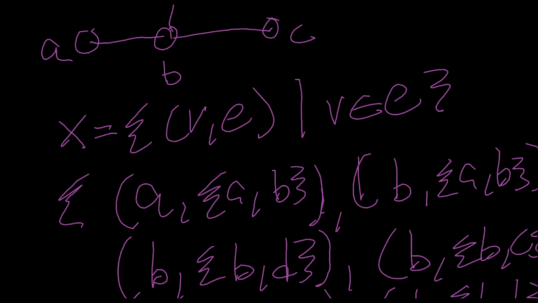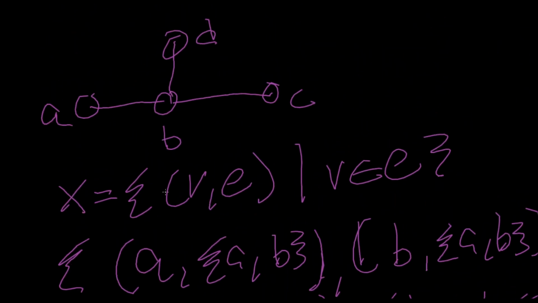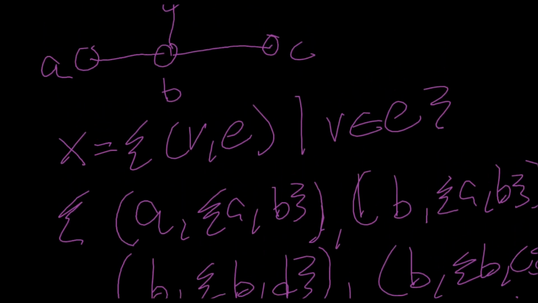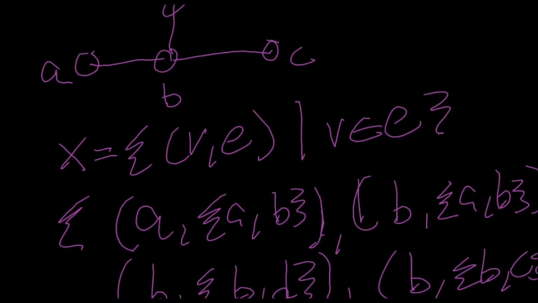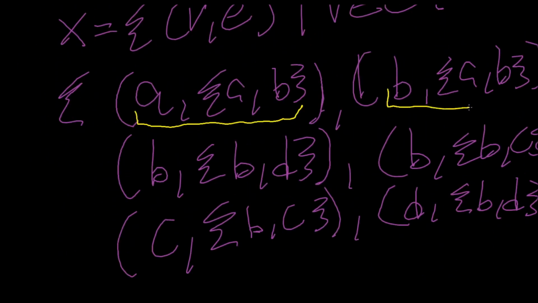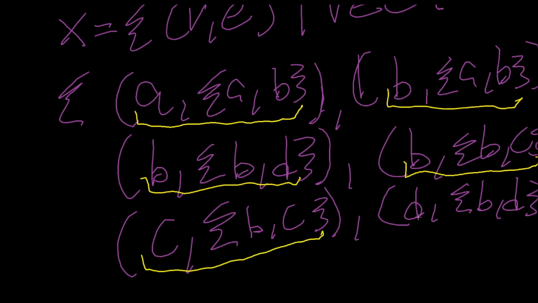So of course, there will be two different ways to count all the elements of X. The first is just to see that vertex A is only connected to one edge, vertex B is connected to 1, 2, 3 edges, vertex C is connected to one edge, and vertex D is connected to one edge.